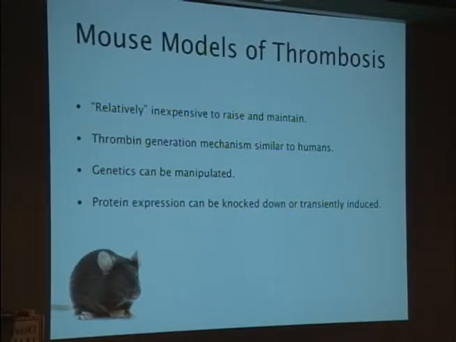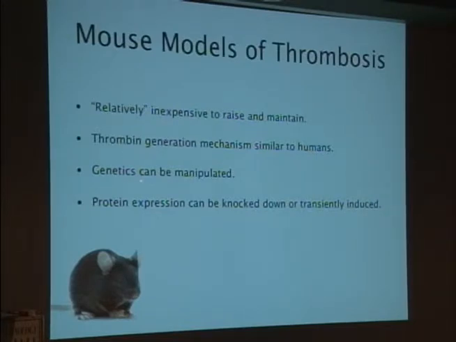It turns out the thrombin generation mechanism is generally similar to that in humans. There are some incompatibilities around the issue of TFPI and tissue factor and factor 7A. And in fact, when you look between mammalian species, that tends to be where a lot of the variability is. But we're looking at the so-called intrinsic pathway, and so that wasn't as much of a concern for us.